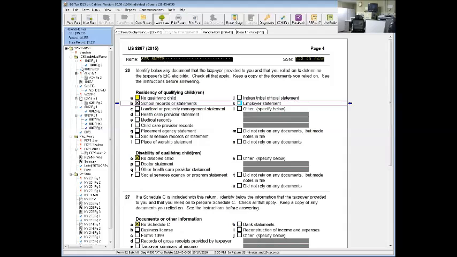Yes. What is the reason behind not being able to get EIC if you're married filing separate? Married filing separate, they just feel people are going to use the system. That's why you can't claim almost any of the credits. It's like fraud deterrent.